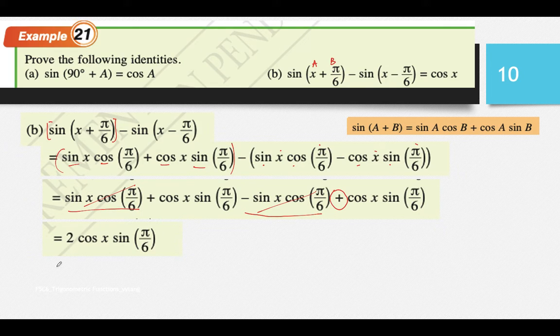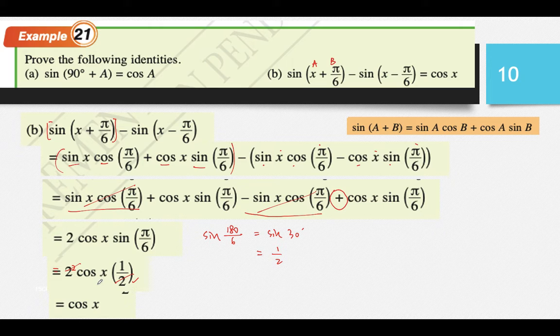Okay, and then now 2 cos x sine, this one, sine pi over 6, meaning 180 over 6 equals to sine 30. Sine 30 equals to 1 over 2. So here 1 over 2 here. And answer, this one cancel the 2, you get cos. So proven.